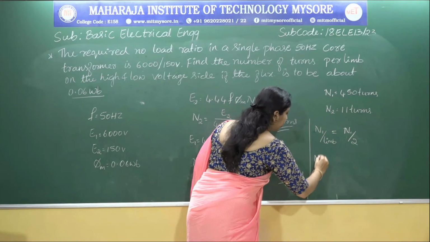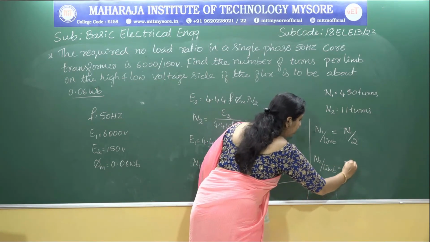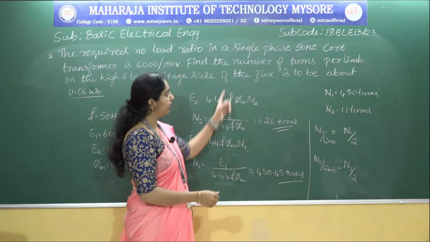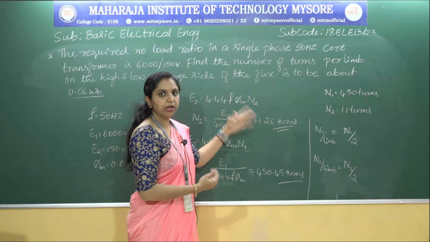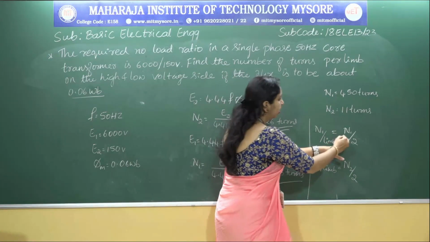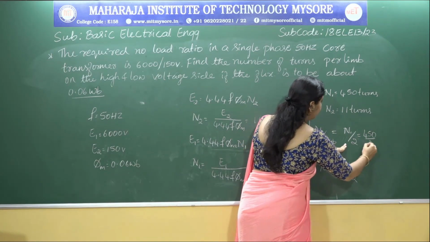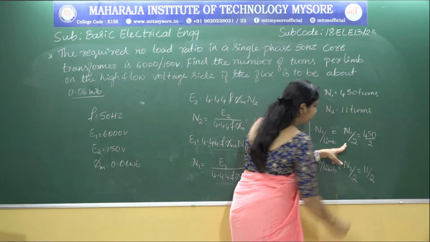Similarly N2 per limb is N2 divided by 2. So finally we can express the number of turns per limb at both the primary and the secondary as N1 divided by 2, substituting the N1 value 450 divided by 2, and similarly 11 divided by 2.